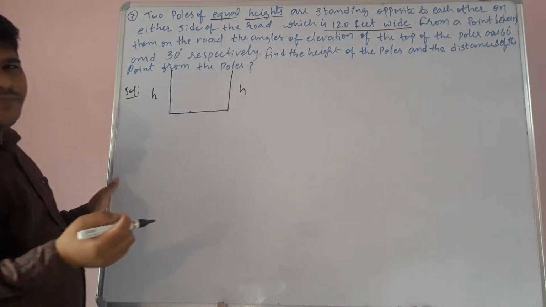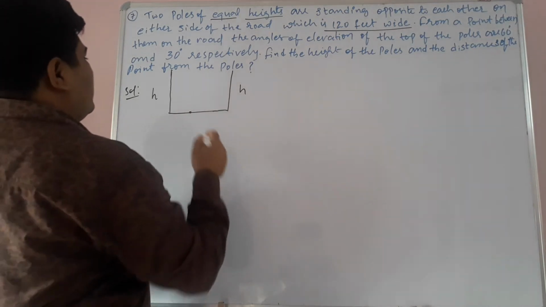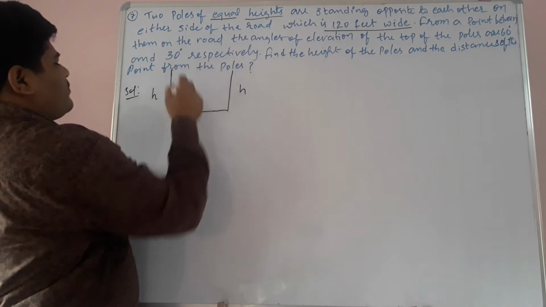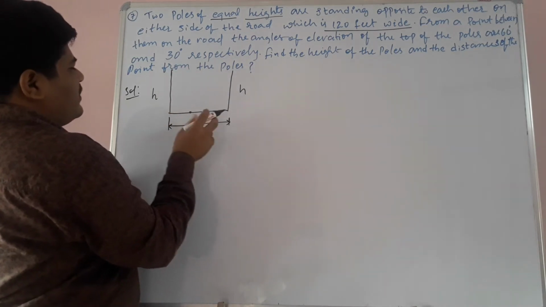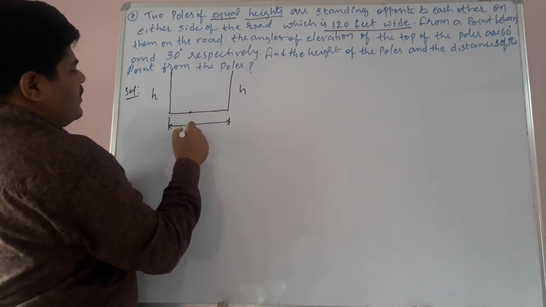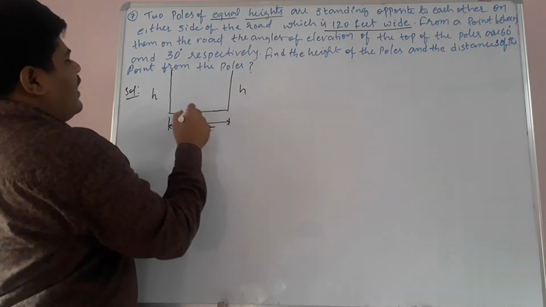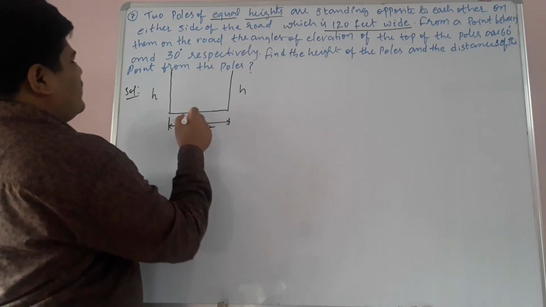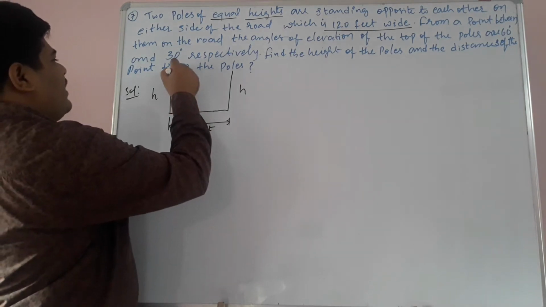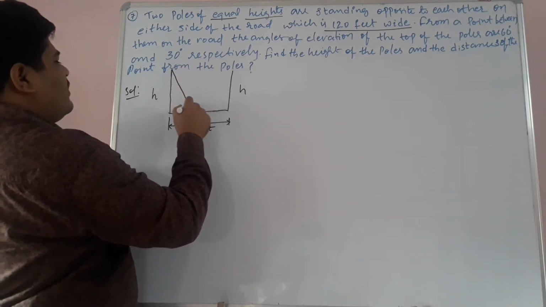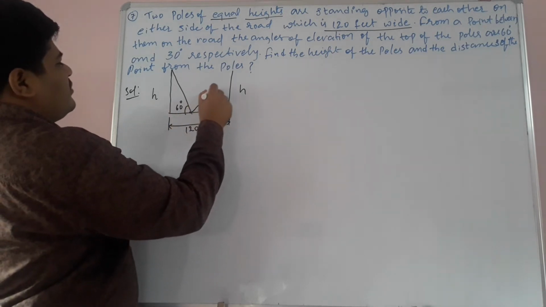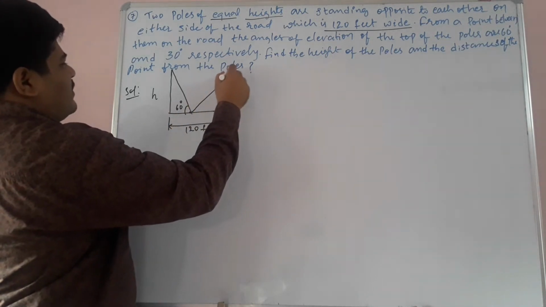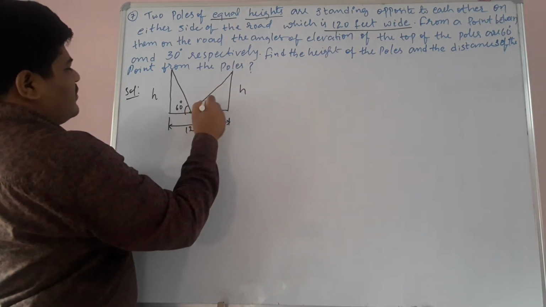both are the same. And children, see, from this point, the overall width of the road is 120 feet and a point between them. From this point, the angle of elevation to the first pole is 60 degrees suppose, and the angle of elevation to the second pole is 30 degrees suppose.